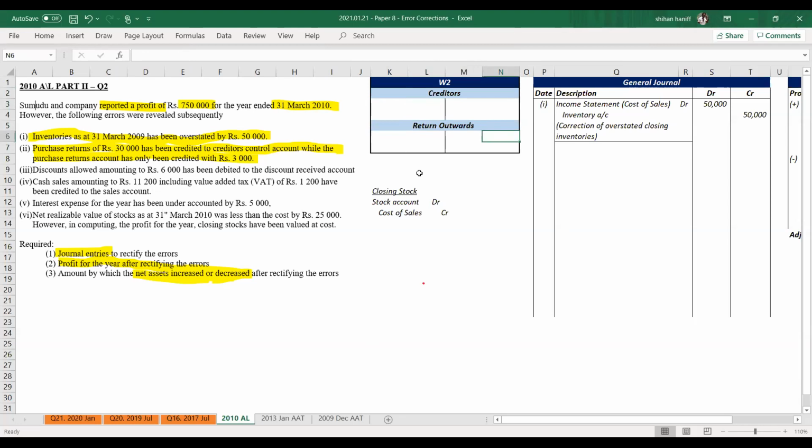The purchase return of 30,000 has been credited to the creditors control account. This was credited, while the purchase return account has only been credited with 3,000. So there are two errors here.